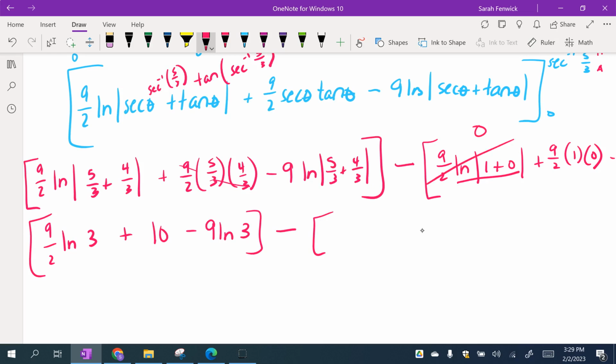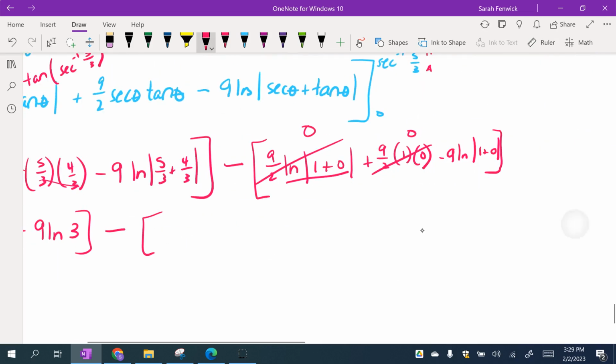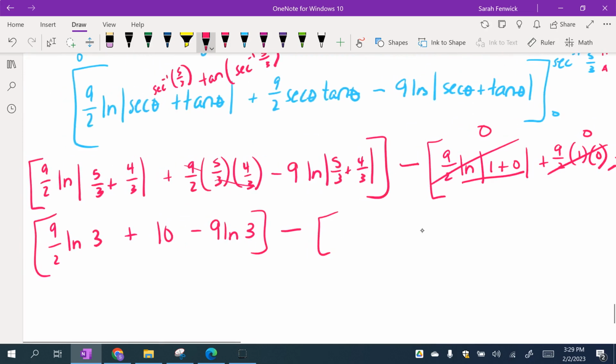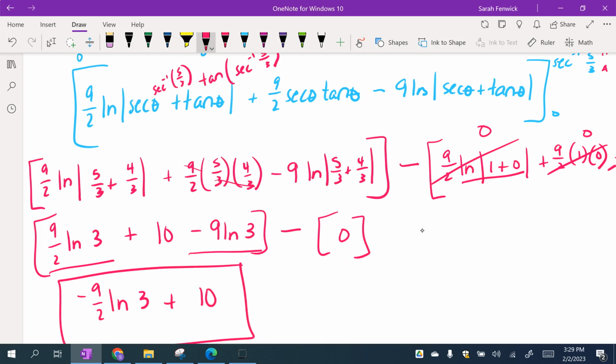So this is 0. This is 0. This is 0. So my 9/2 ln 3 minus 9 ln 3 is negative 9/2 ln 3 plus 10. Final answer.